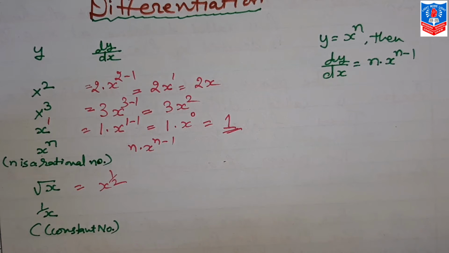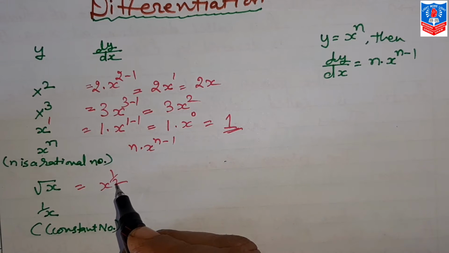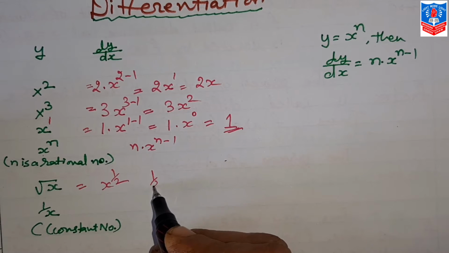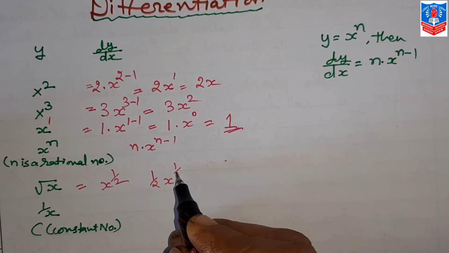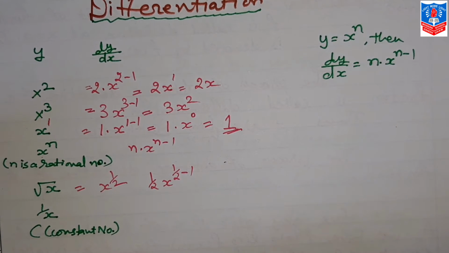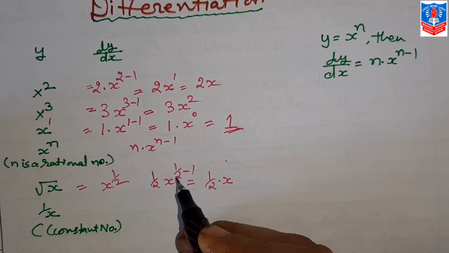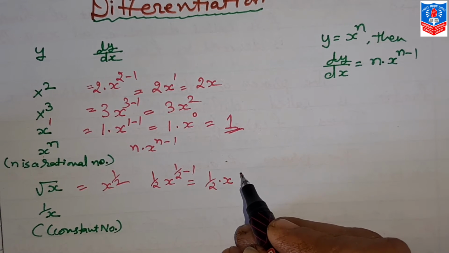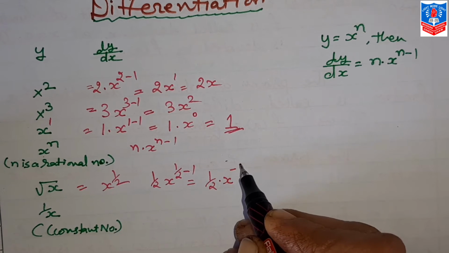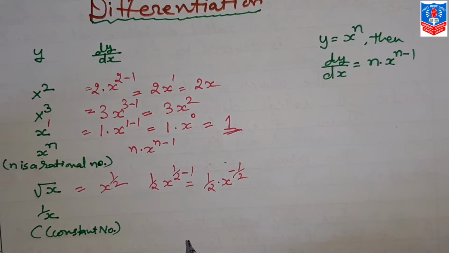Now we will find the derivative of this. See, n is half, x raised to half minus 1. So this will be half into x raised to half minus 1, that will be minus half.